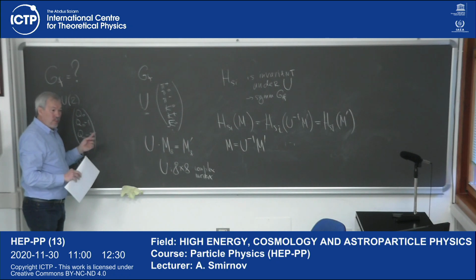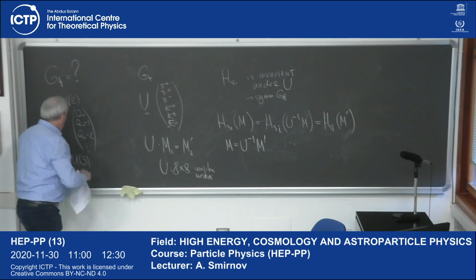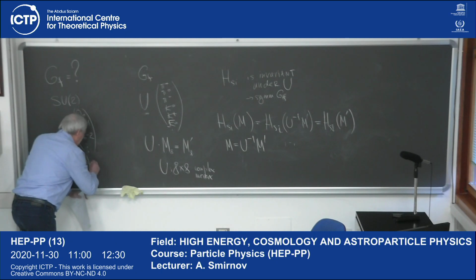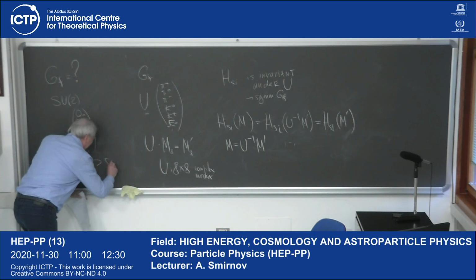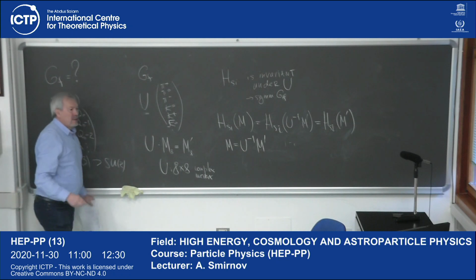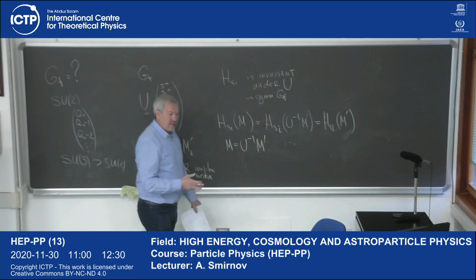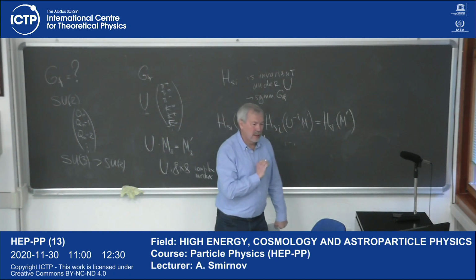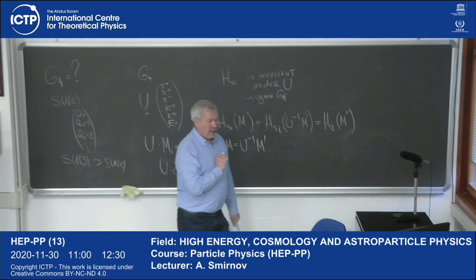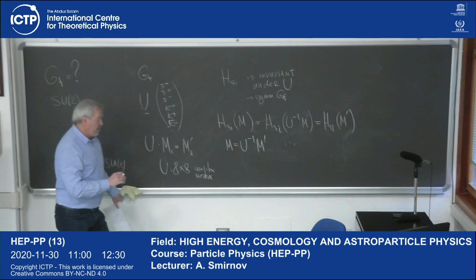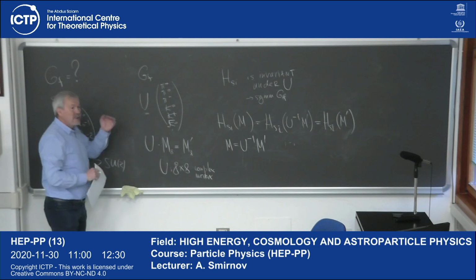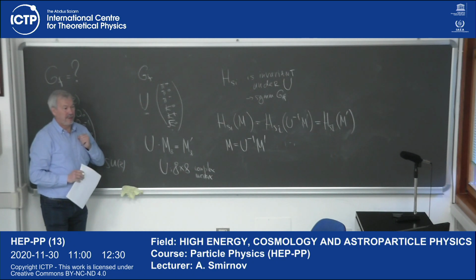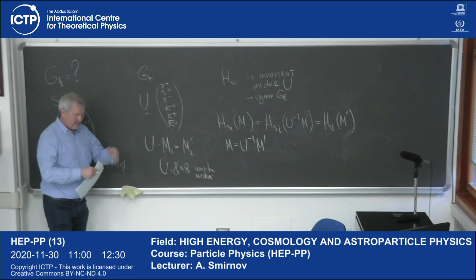And actually what is important is that the symmetry group of isospin was SU2. And SU3 of course contains SU2, which is nice because in all these multiplets we have also particles which are connected to isospin symmetry, which means that the symmetry GF should include the isospin symmetry, but it should do something more.